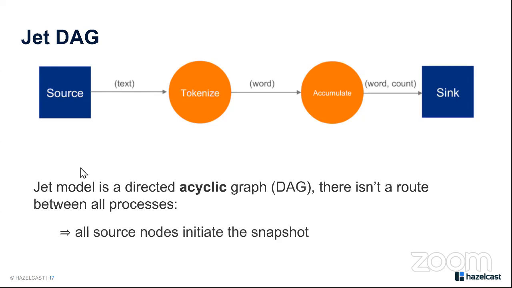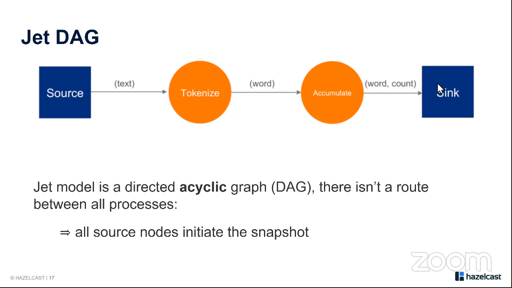We just need to ensure that all source nodes initiate the snapshot, because every other process in the system is reachable from the source. For example, if this tokenize process initiated the snapshot, the marker would never reach the source. But if the source initiates the snapshot, every other process in the computation will eventually receive the marker.